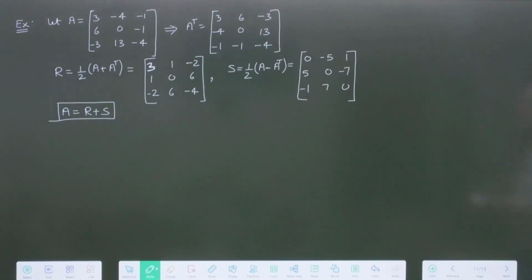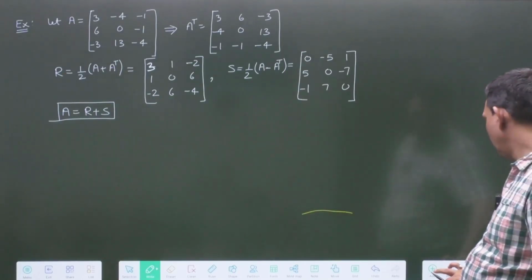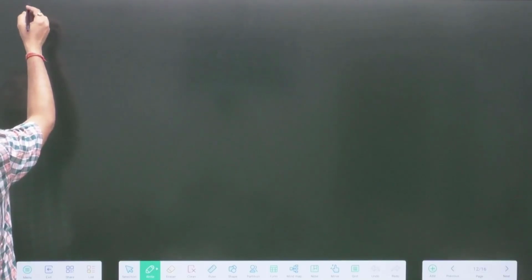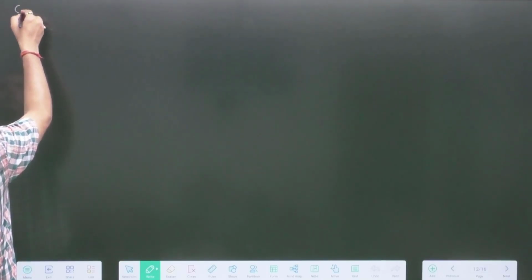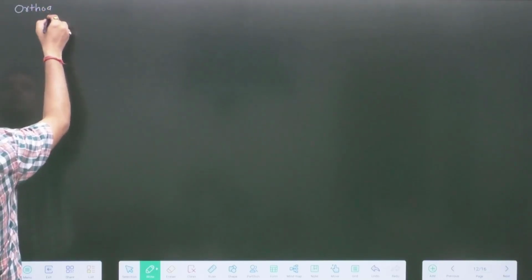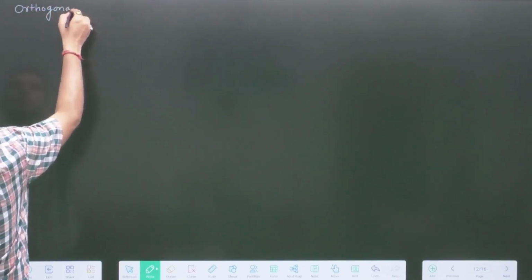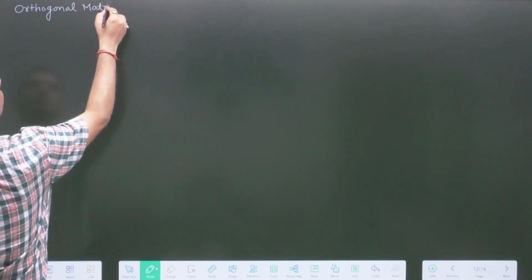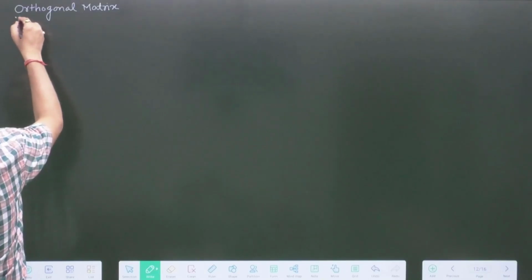Okay. Next we have the orthogonal matrix. What is an orthogonal matrix?